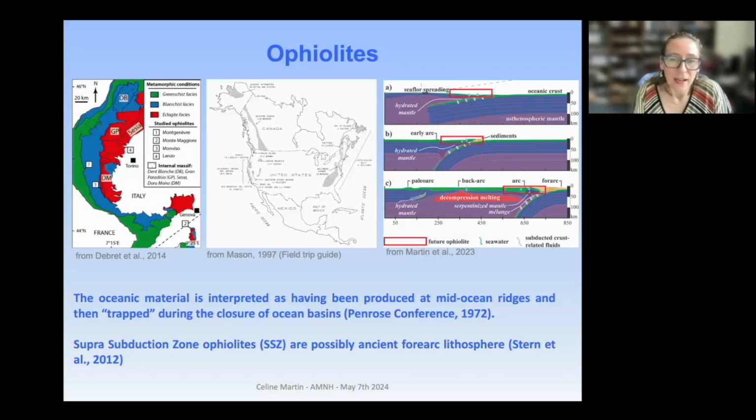And ophiolite has a straight definition, which is mid-ocean ridge material that is trapped during the closure of an ocean basin. And even more recently, there was a subdivision of supra-subduction zone ophiolites that are likely ancient forearc lithospheres that are also obducted.